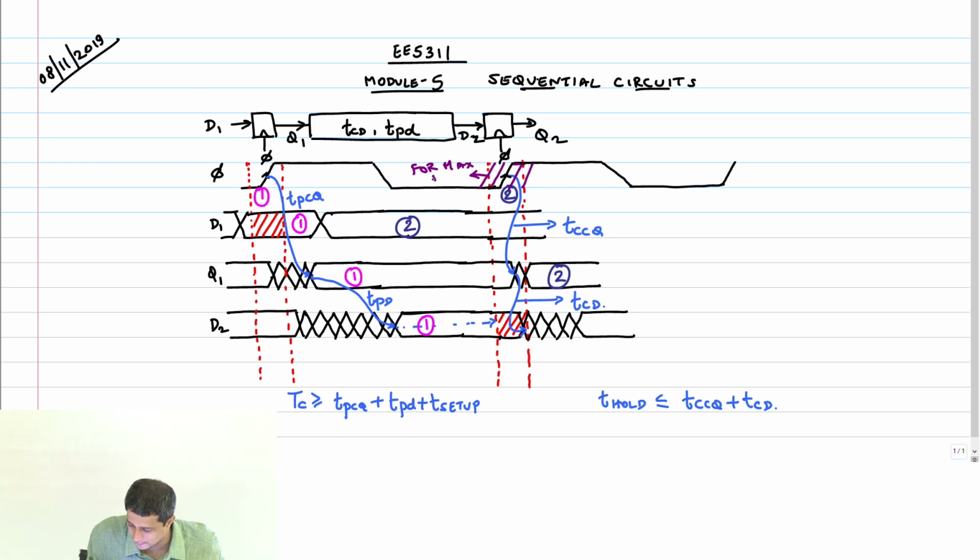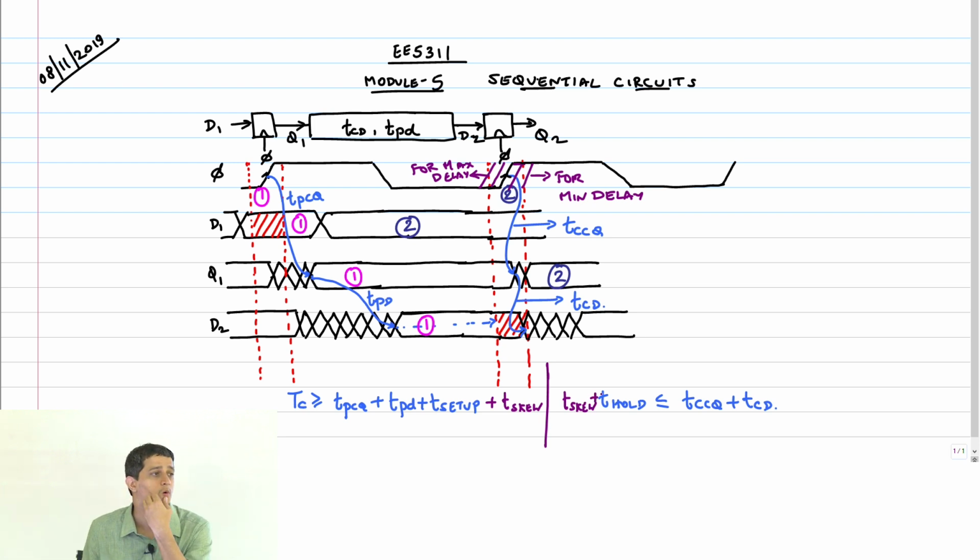For max delay, and then you go ahead and add the constraint of skew into this equation, plus T skew, right? And this is T skew plus T hold should be less than or equal to this. Okay, is this clear? I hope this has made it clear, right?